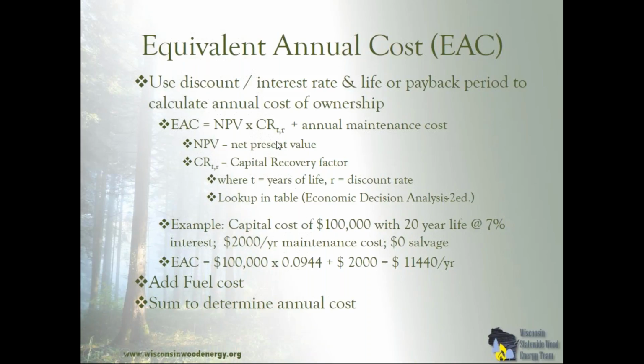And then you look up on a chart for your capital recovery factor. And these are in economics books, it's going to have it in there. It's called a capital recovery factor. And it's going to be based on the years of life and the discount rate. And you put that in this formula and you get a good number.